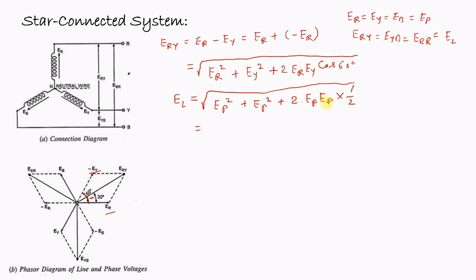So here we will get square root of 3 of E phase square, because 2 and 2 will be cancelled, so it will be E phase square plus E phase square plus E phase square. So finally we'll get the value of line voltage is root 3 times of the phase voltage. So this is the relation of the line value and the phase value of a star connected system.